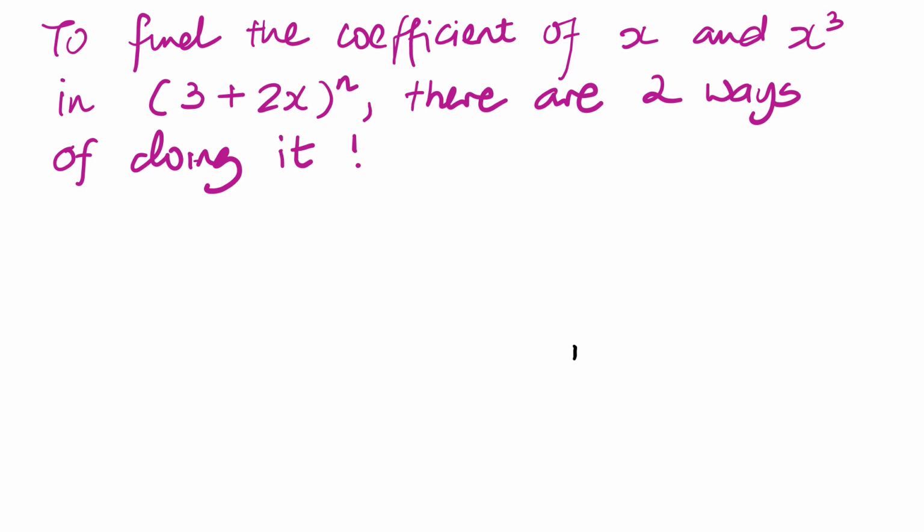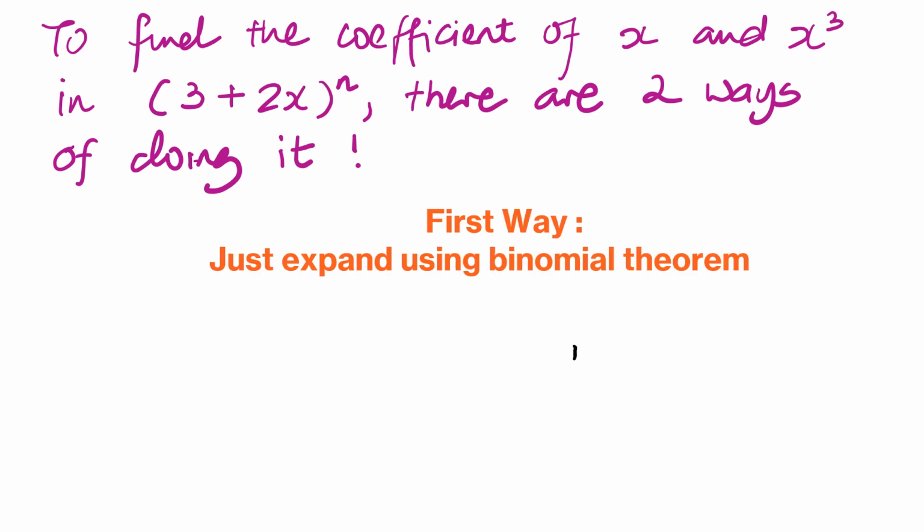Alright, to find the coefficients of the x term and the x cubed term in the expansion, there are basically two ways of doing it. The first way is using the binomial theorem.